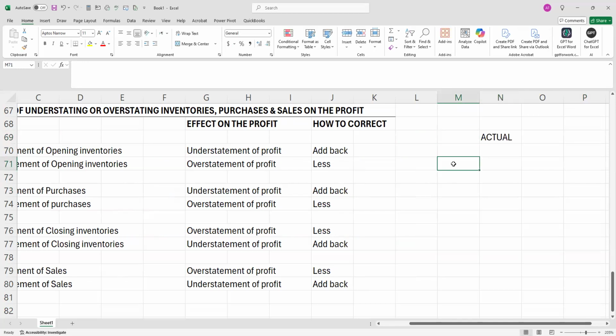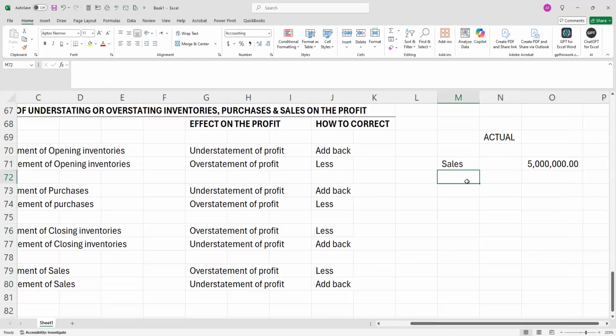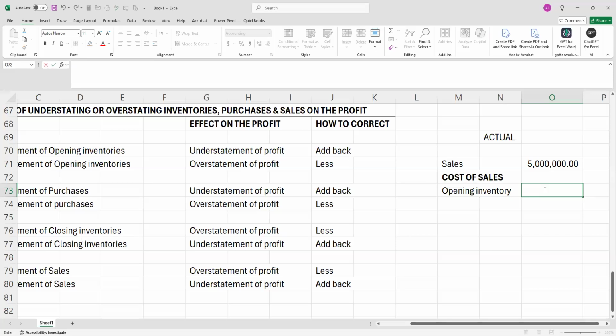For actual, maybe you have sales, say like 5 million, and the cost of sales, which will give us opening inventory, say like 2 million.